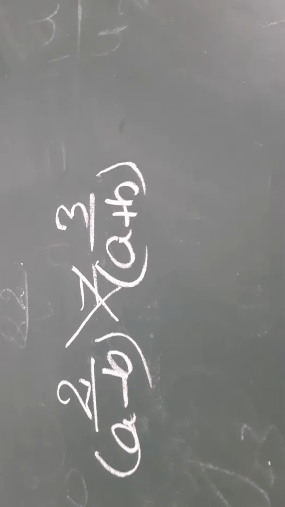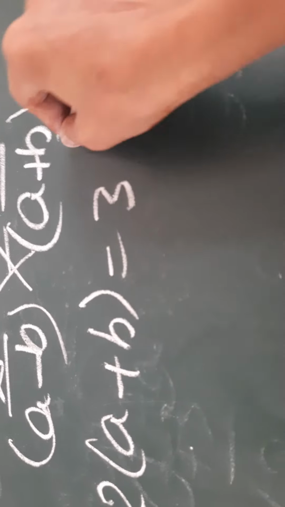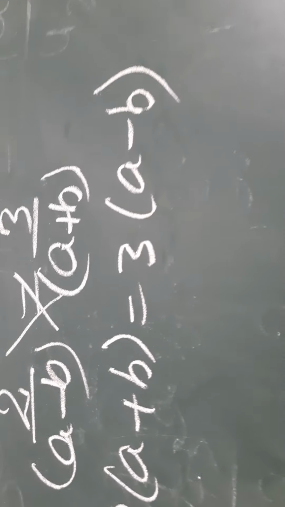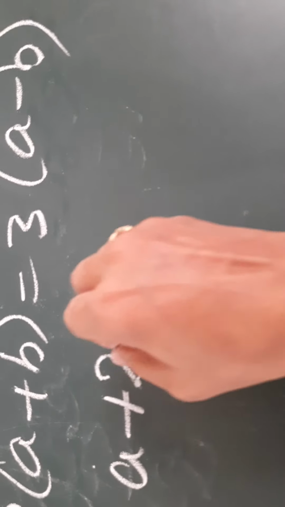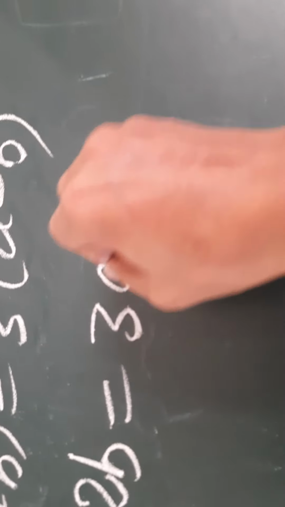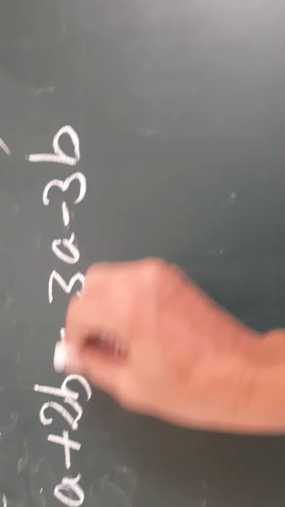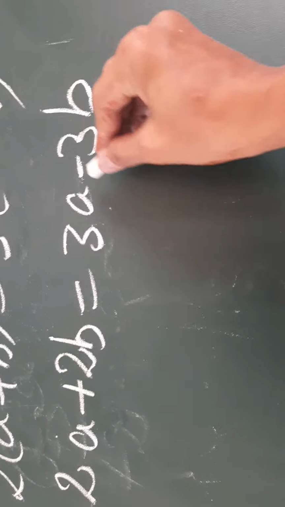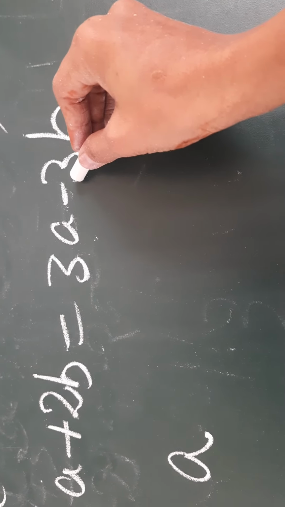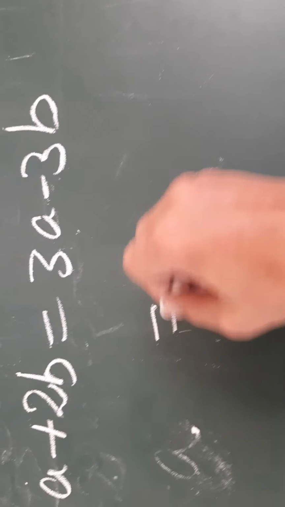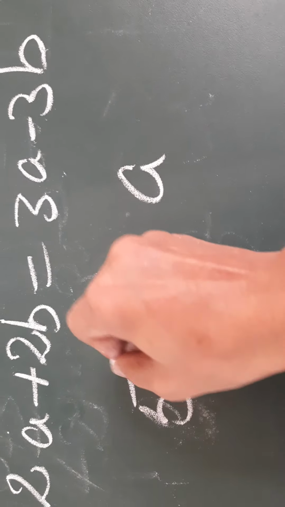Cross multiply. 2 into a plus b is equal to 3 into a minus b, right? Now multiply them. 2a plus 2b is equal to 3a minus 3b. Like terms, 3a minus 2a, you'll get a, and 2b plus 3b, you'll get 5b.